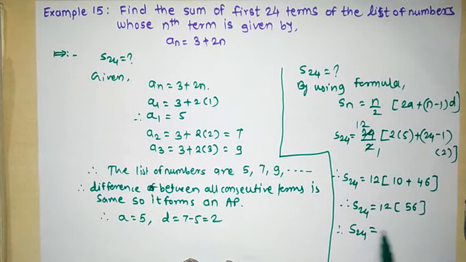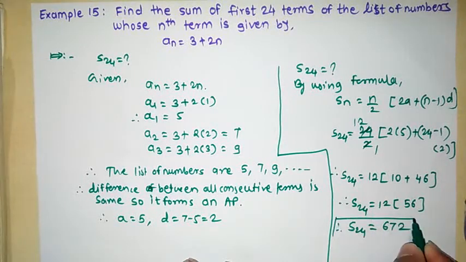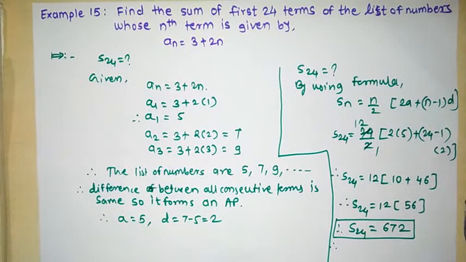How much is 12 into 56? 12 into 56 is equal to 672. Therefore, the sum of the first 24 terms is 672.